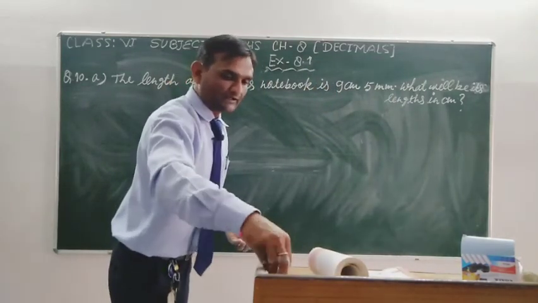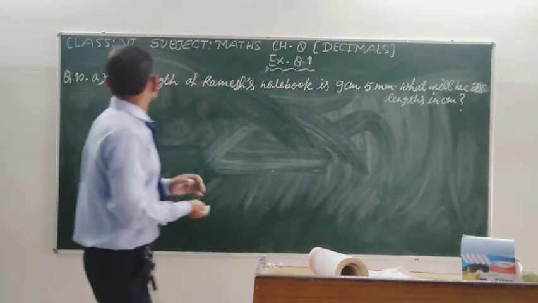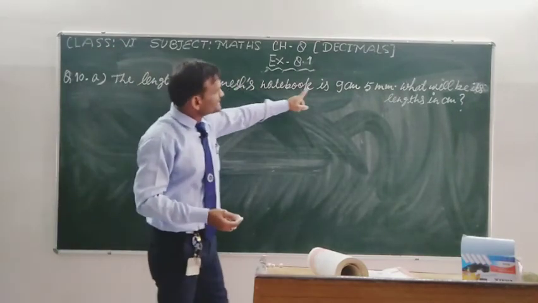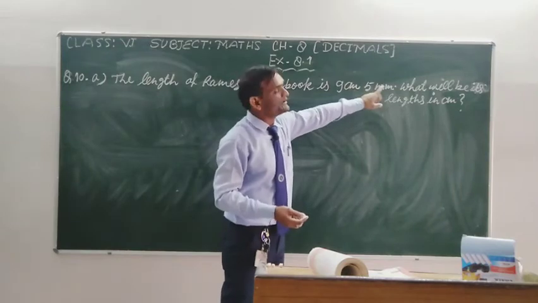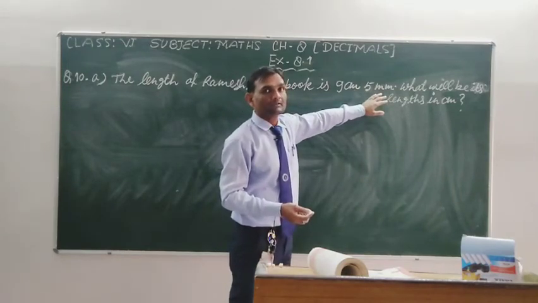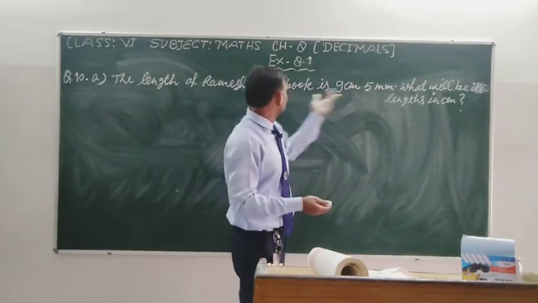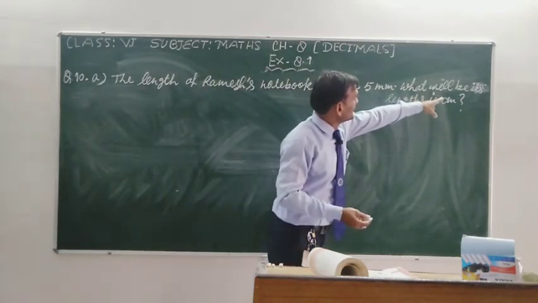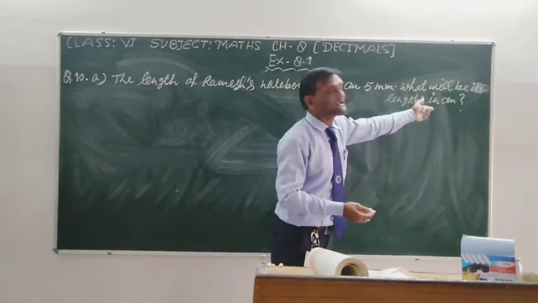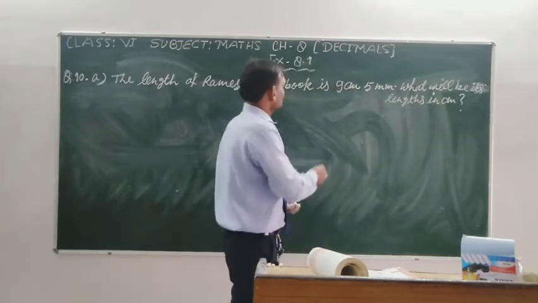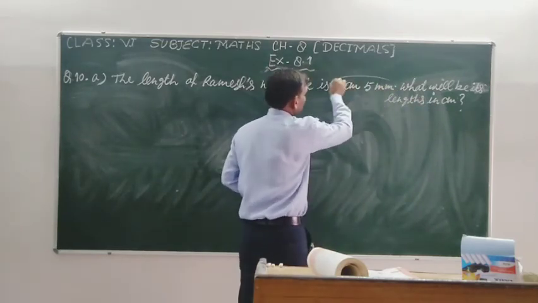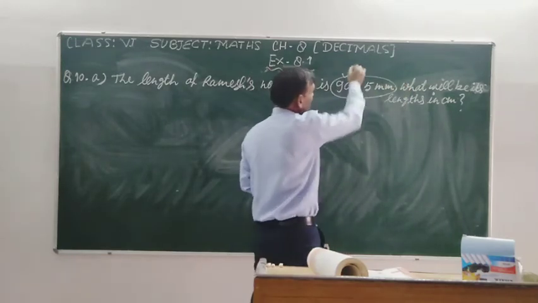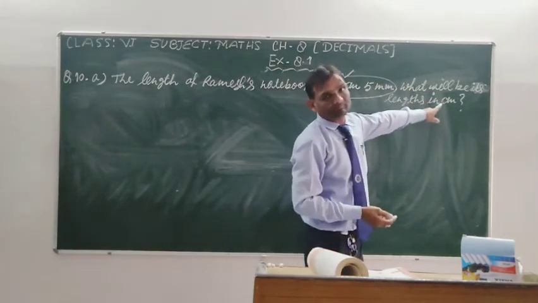Firstly, student, try to understand the meaning of the question. The length of Ramesh's notebook is 9 centimeter 5 millimeter. What will be its length in centimeter? This is the length of Ramesh's notebook, and you need to tell this length in centimeter.